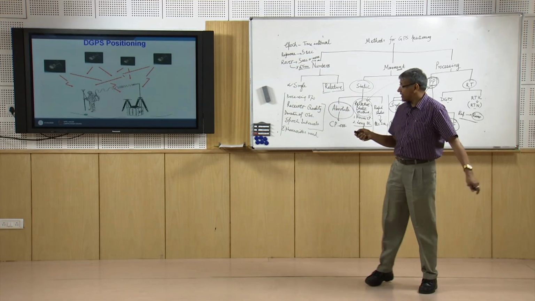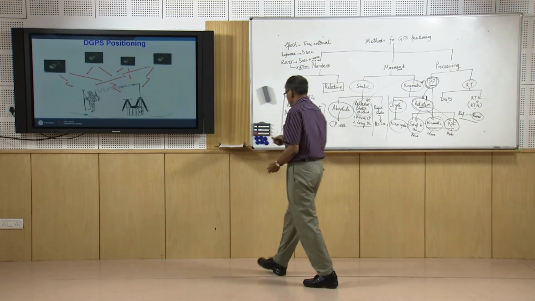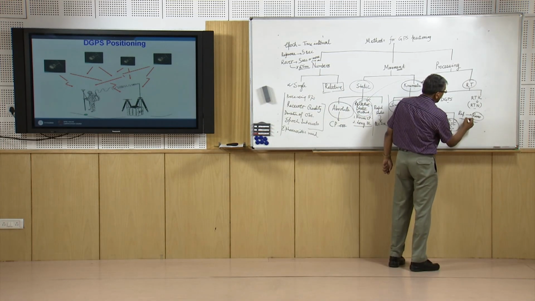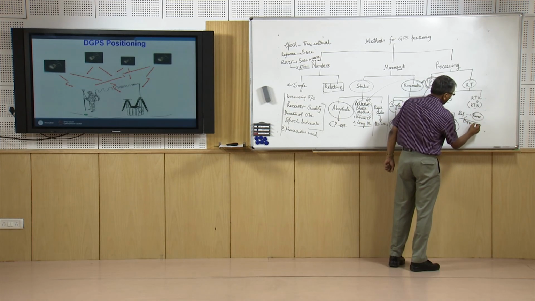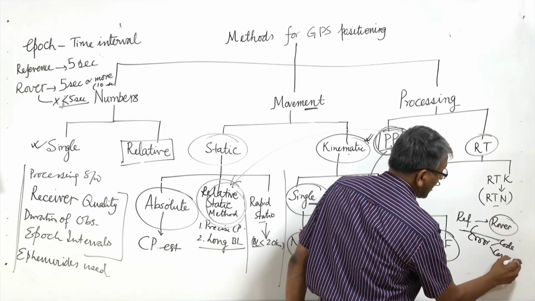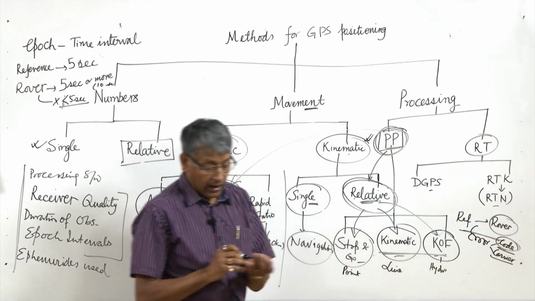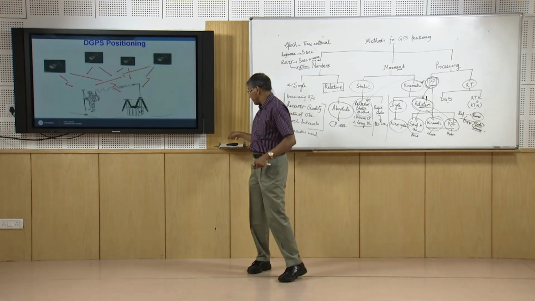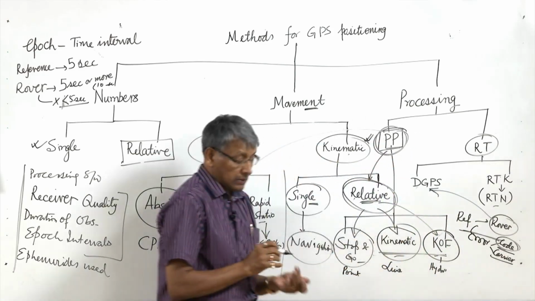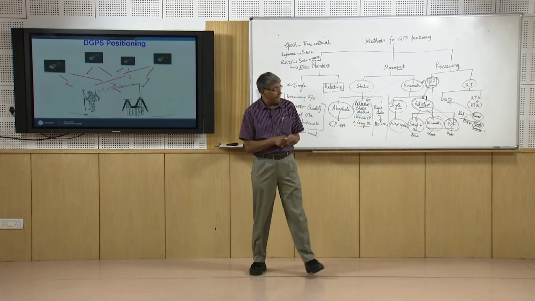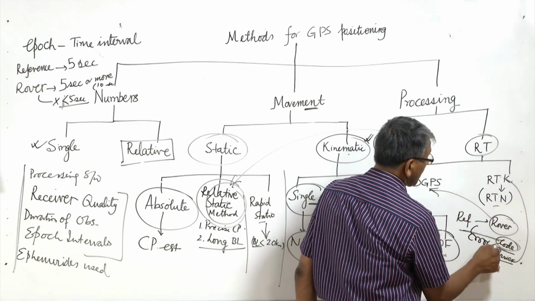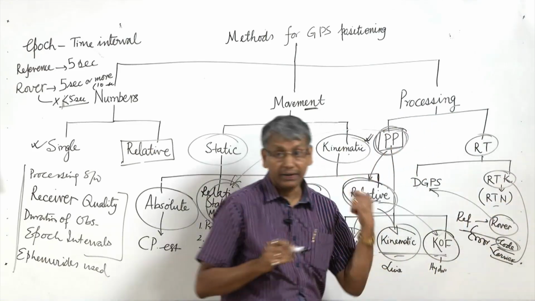So, this is the fundamental, and depending upon the errors, the error message may be computed from code or from carrier. If the error message is computed from code, then it is called DGPS, differential GPS, and if the error message is prepared from carrier phase, then it is called real time kinematic.